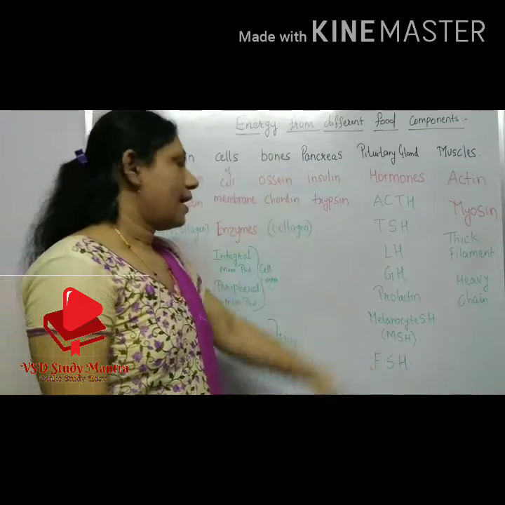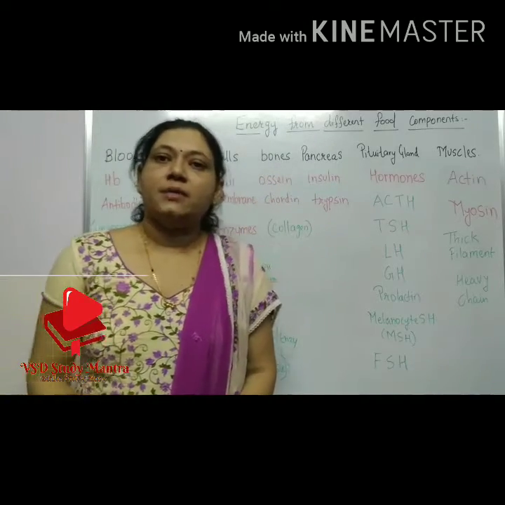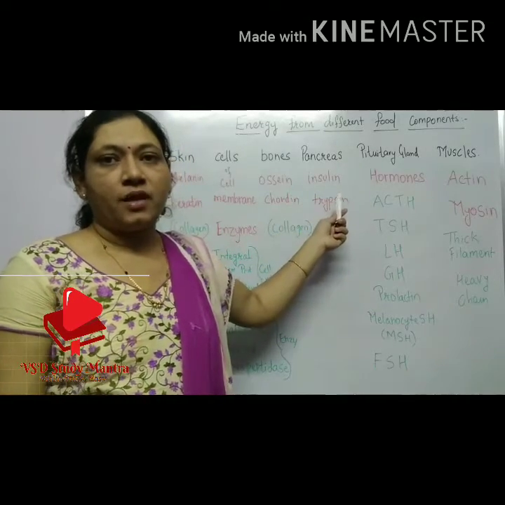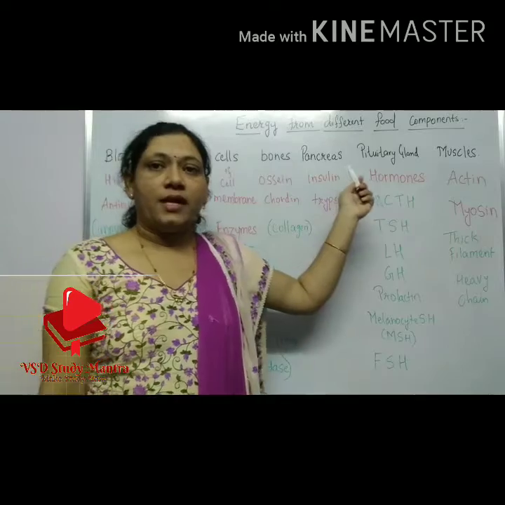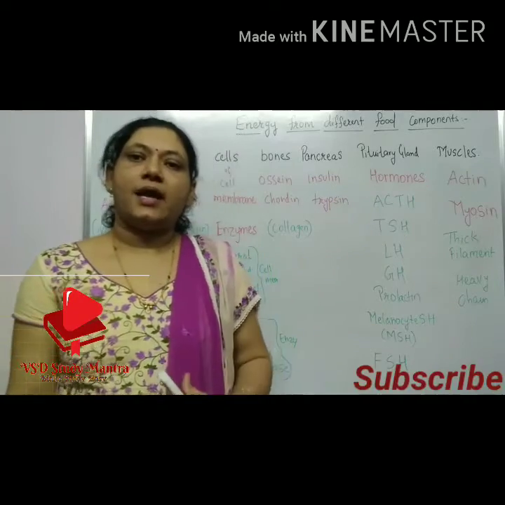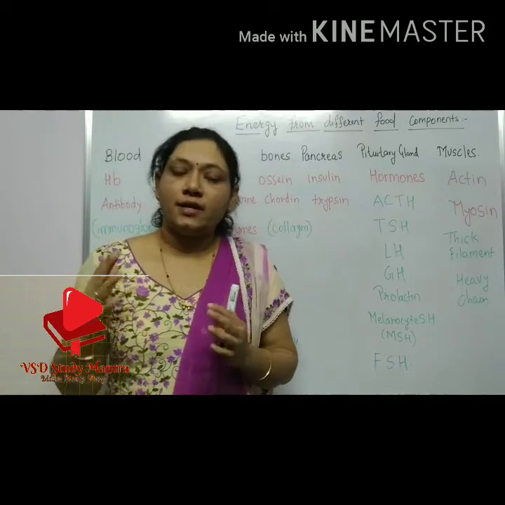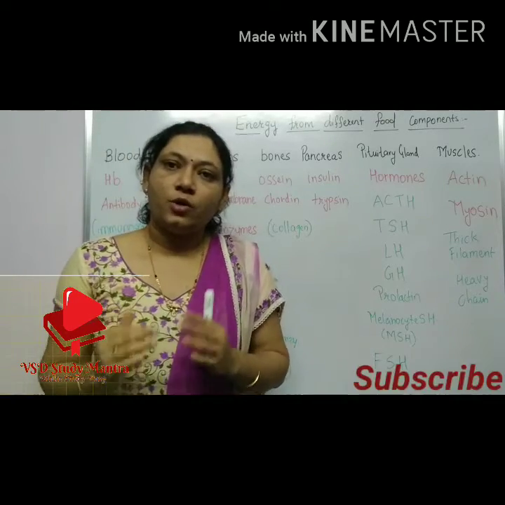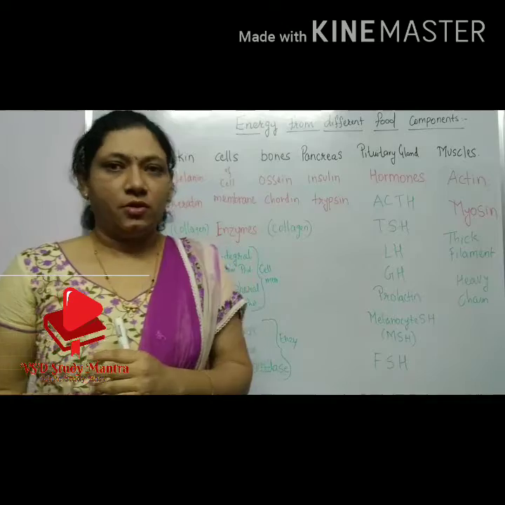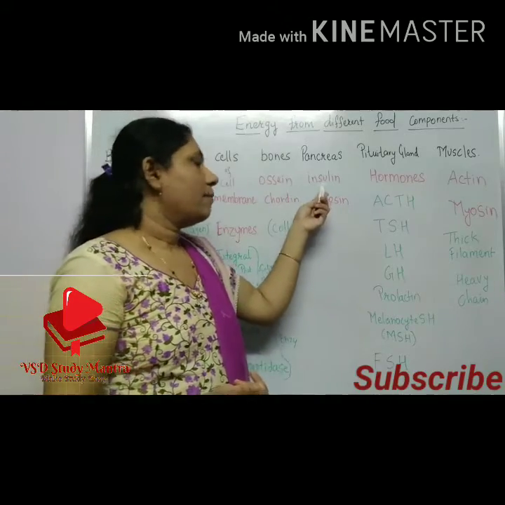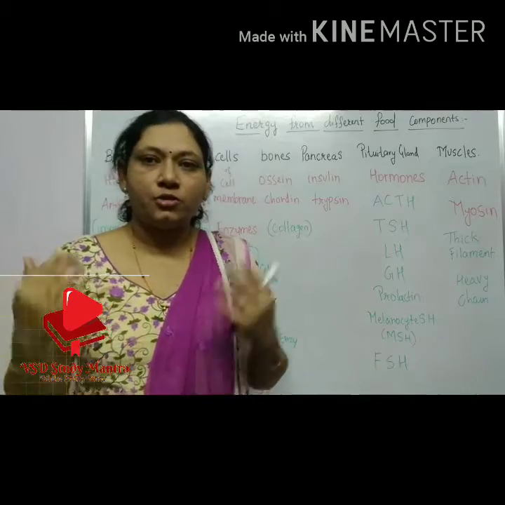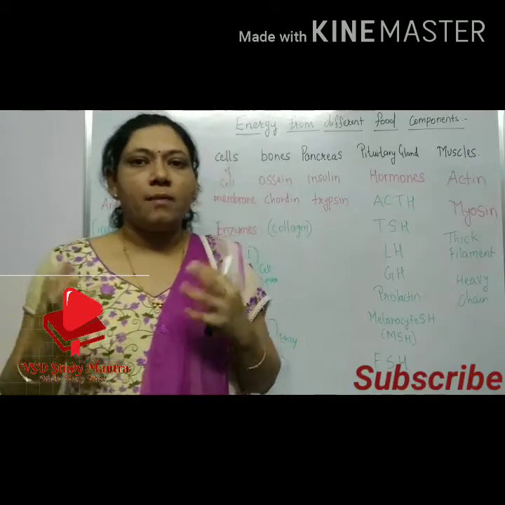And pancreas. Now pancreas, we have insulin and trypsin. Insulin protein is present in pancreas. What is the function of insulin? It is to convert glucose to glycogen. Okay, so why? Because it controls the sugar level, the glucose of our body.